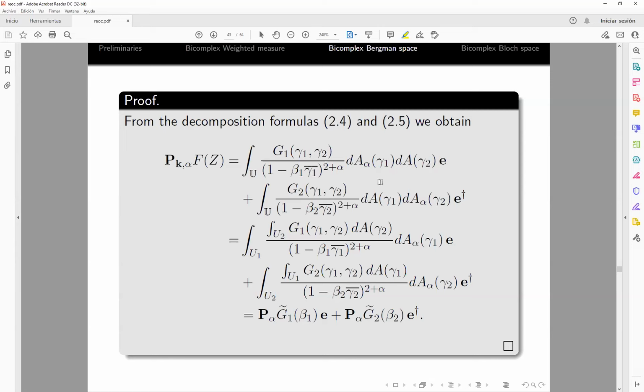Now here, if we see, for instance, the first component, then we decompose this integral over the bidisk, over U1 and U2. And we integrate G1 with the normalized Lebesgue measure of the unit disk. It's here in this numerator.